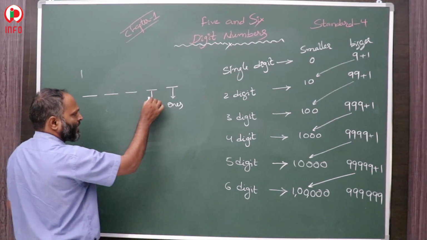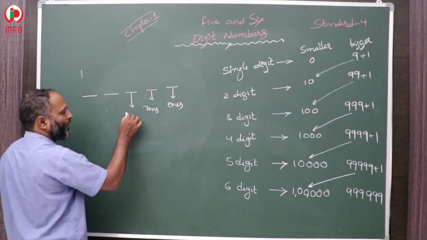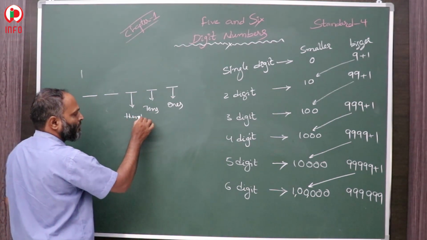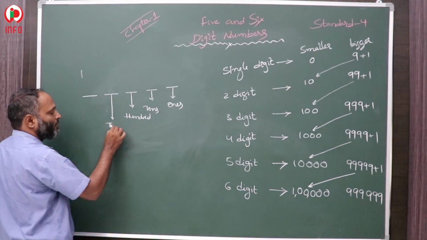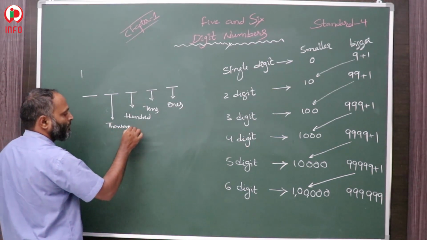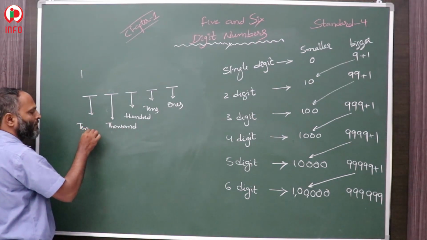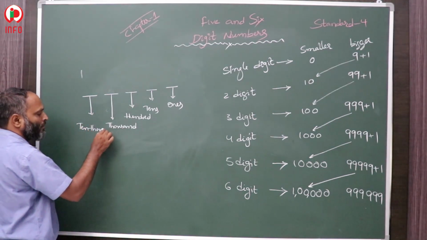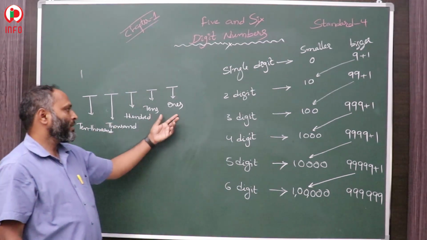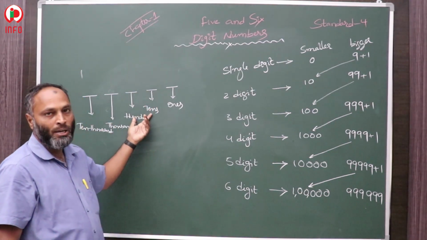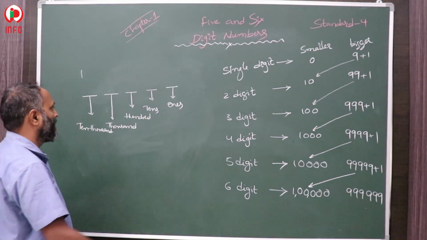This is tens place. This is hundreds place. This is thousands place. This is 10,000s place. Ones place, tens place, hundreds place, thousands place, 10,000s place.